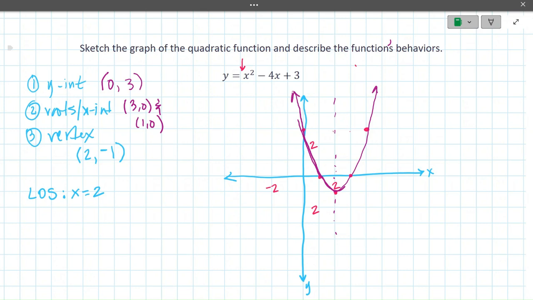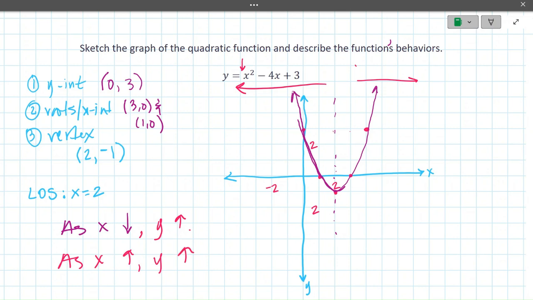I would also say as x decreases, so as we're reading the graph going this way, as x gets smaller, y increases, it continues getting bigger. And if we look at it this way, as x increases, so as x values are getting bigger, y continues to increase. So sometimes we call this end behavior.